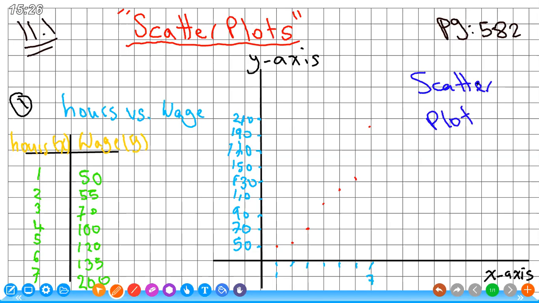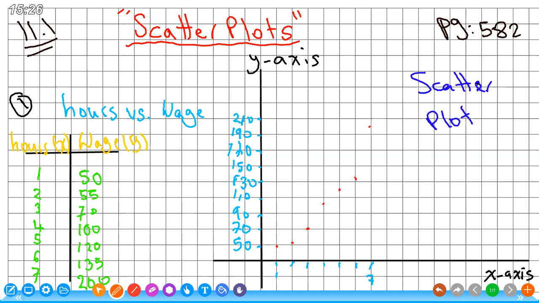Okay. Now, from these points, I told you we use it mainly to know the relationship between two variables, or how one variable, which is the y, is affected by the x, which is in this case the time.